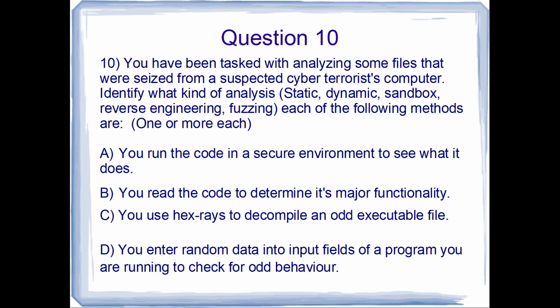So what we're going to take is static, dynamic, sandbox, reverse engineering, and fuzzing, and match them to these four things. You may reuse the same term, and you can match one or more to each of these.